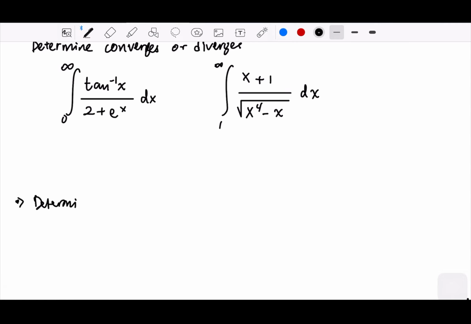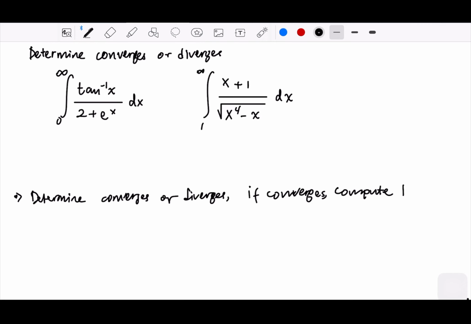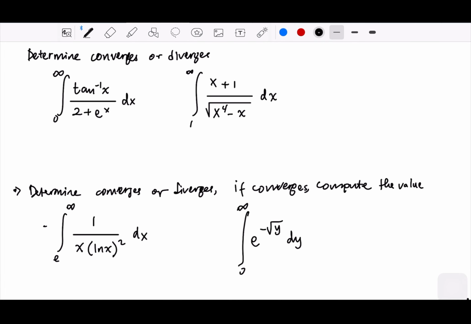Determine converge or diverge. If converge, compute the value. Okay, I think it's not that complicated to integrate the integral.